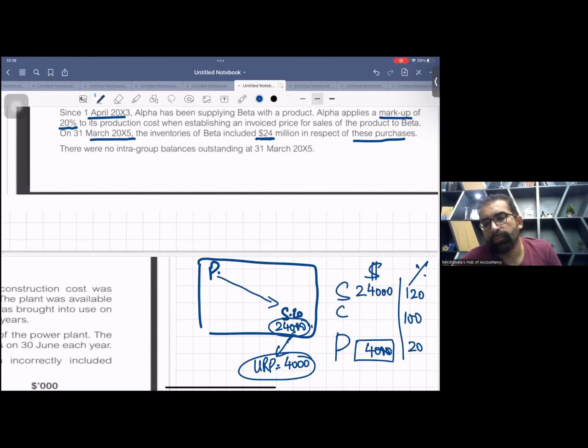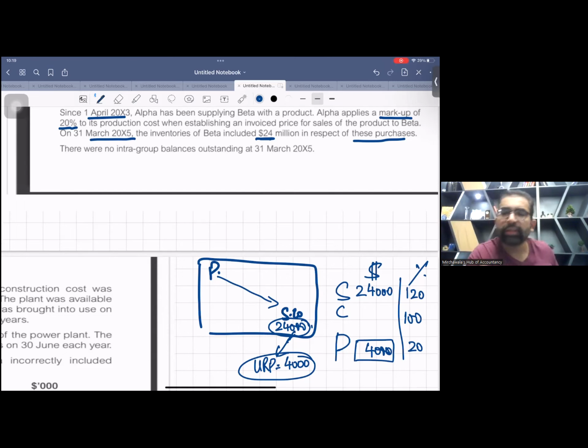Okay. Now, as this is a P2S sale, in a P2S sale, URP is booked by the parent company. So it is included in P company's profits, and so it is included in the consolidated reserve, the parent company's retained earnings.